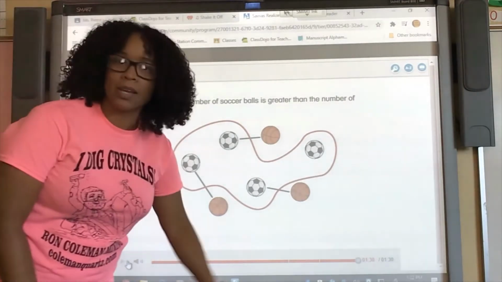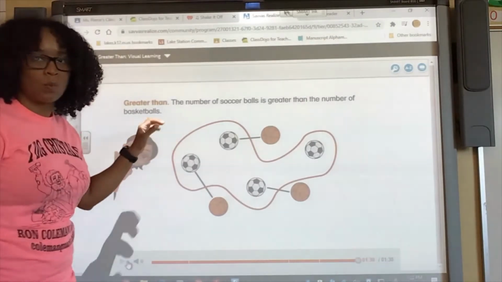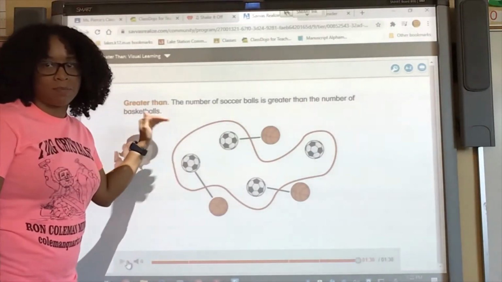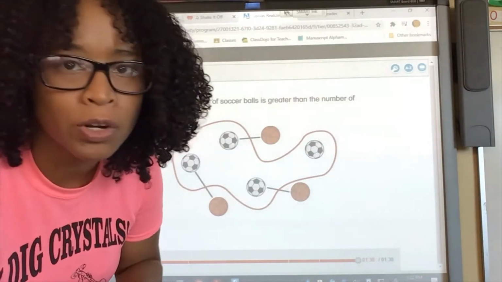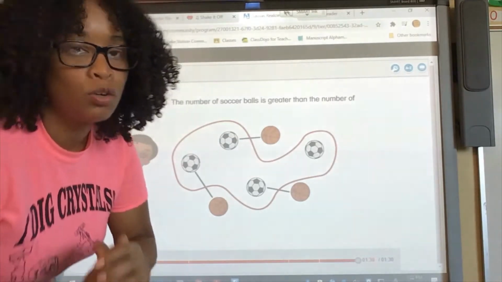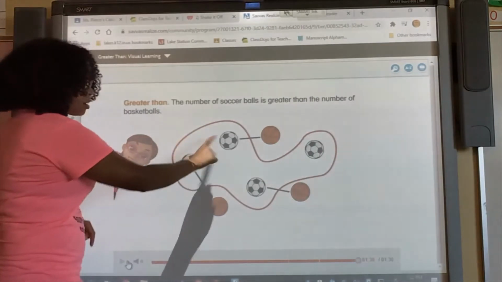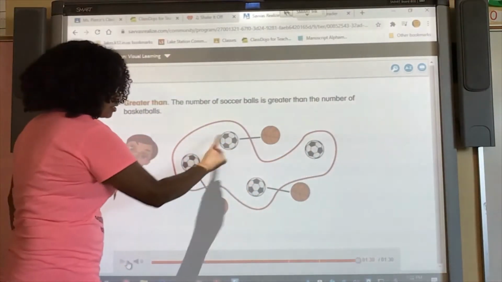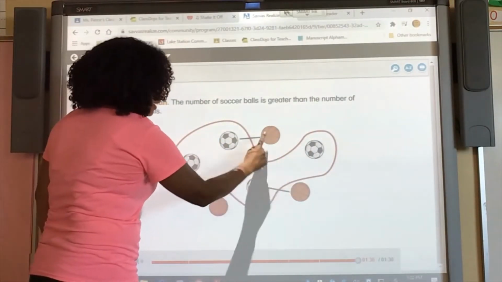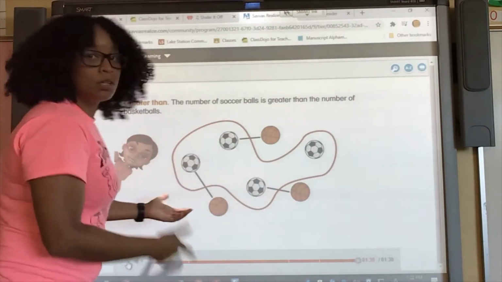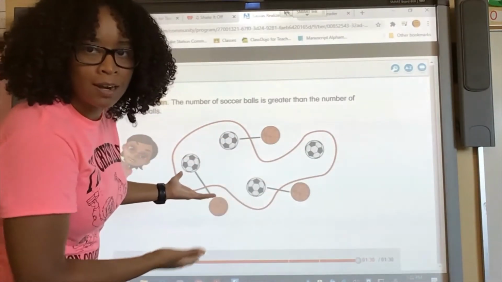Okay, so it looks like Robot wants us to work on learning what greater than means. Those new words were greater than. So greater than just means more. There's more soccer balls than basketballs. Do you see how many soccer balls there are?